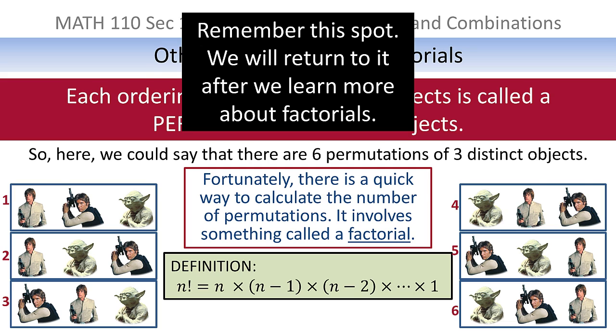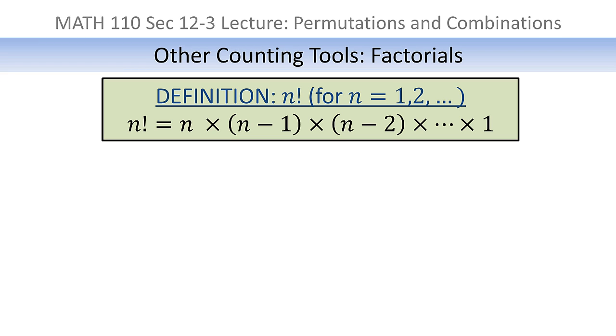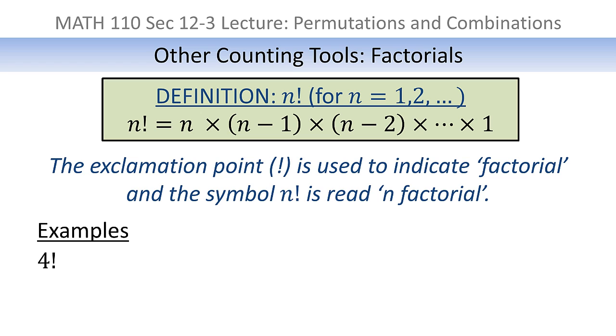So let's move and just talk about factorials for a minute. I gave you the definition a minute ago. N factorial is n times n minus 1 times n minus 2, and you keep multiplying until you get to 1. For example, suppose I gave you 4 factorial and asked you to calculate it.